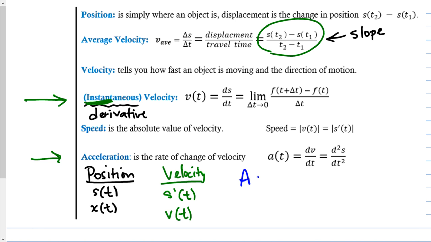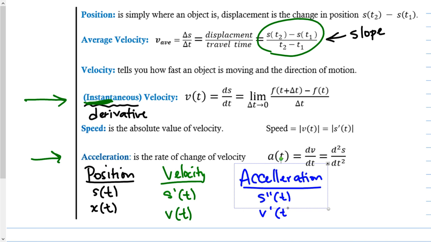Acceleration is the rate of change of the rate of change. So acceleration is going to be the second derivative of the position, but it is the first derivative of velocity, and this is how we write it, a of t. Okay, so essentially, all three of these things, they're the same.